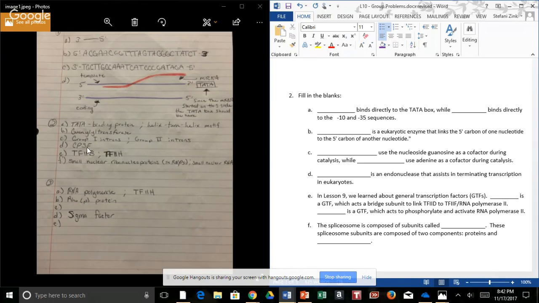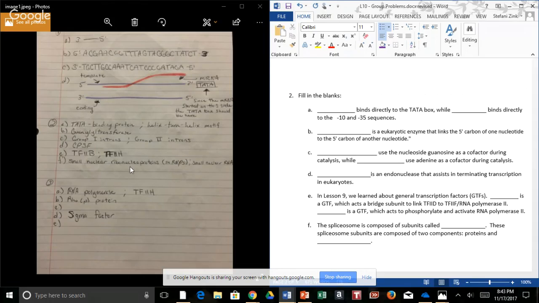E is CPSF, the endonuclease that assists in terminating transcription. General transcription factors: TFIIB is the one that acts as a bridge subunit to link TFIID to TFIIF/RNA polymerase II. TFIIH is the one that acts to phosphorylate and activate RNA polymerase II.